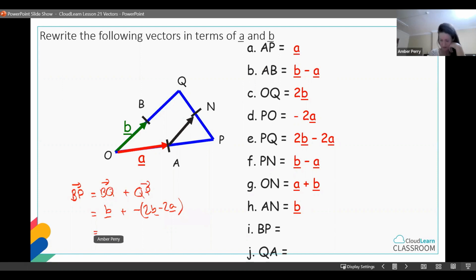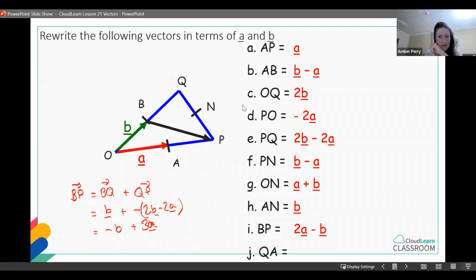So that's going to be B minus 2B, which is minus B, and B minus minus 2A, which becomes a plus, so plus 3A it should be. 3A minus B, is that what you got? We got 2A minus B, let's have a look. 2A minus B, you got it right, so what have I done wrong?